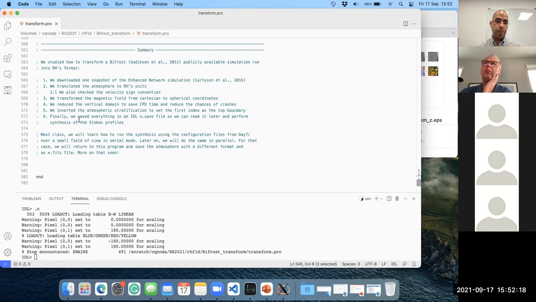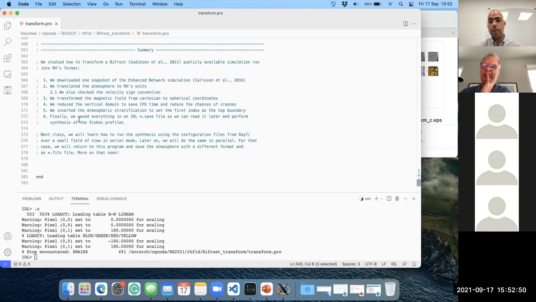And then we transformed the magnetic field from Cartesian to spherical coordinates. We also reduced the vertical domain. As I said, the main driver is reducing CPU time, because you don't need the extra points in height up to the corona. Also, sometimes things could be very complex in the simulation and could make RH crash, and you don't need it unless you are focusing on the corona.